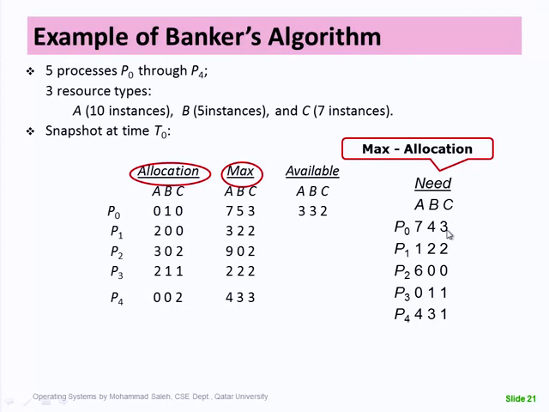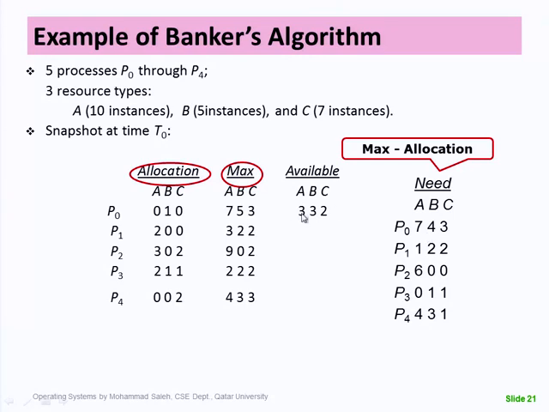Which means any request by P0, which is a composite request, it might be a request of a certain number of resources of A, others of B, others of C. This request of P0, I should always compare it to what? Needed. It should not be greater than Needed, right? A process cannot request more than what's needed, because Needed is the difference between Max and Allocation, right?